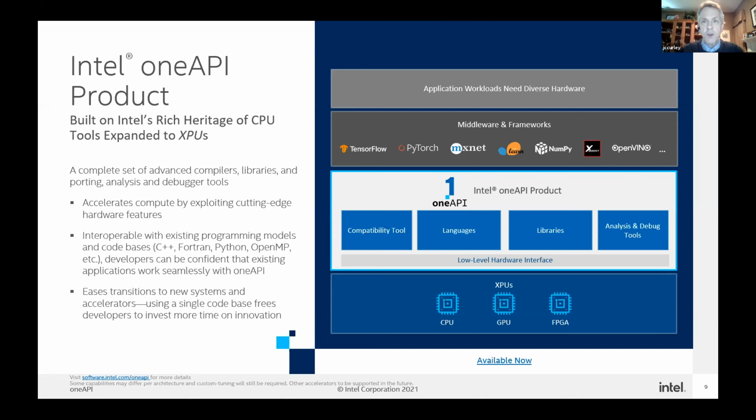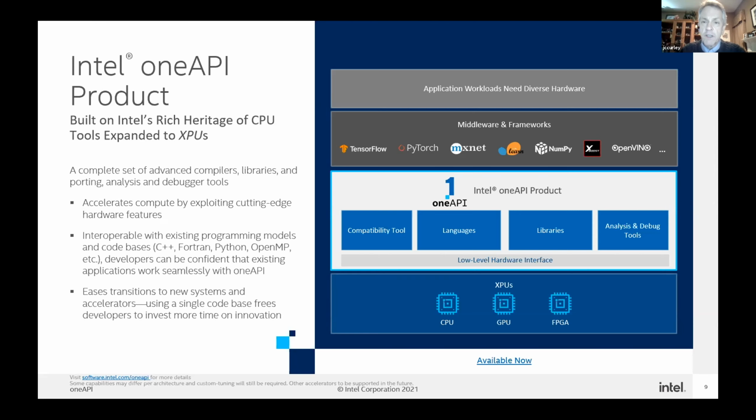And we already talked about the languages like data parallel C++, but there's quite a bit more that I'll describe on the next slide. Additionally, implementations of all of the libraries we described, oneMKL, oneDNN, oneCCL, are included in our first generation product. But they also come with the analysis and debugging tools that you would expect for not only a CPU, but extended to what we call XPUs.